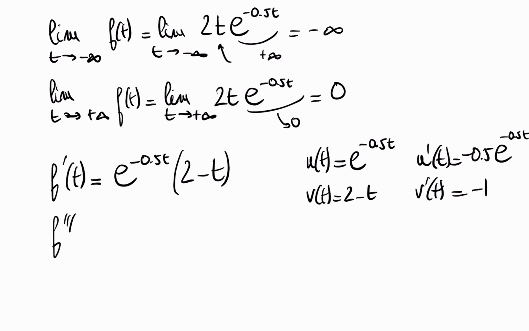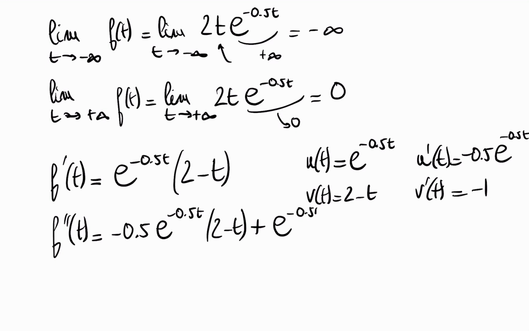So the second derivative would be u prime v, so that's minus 0.5 e to the minus 0.5t times 2 minus t, plus u v prime, which we can factorize by e to the minus 0.5t.